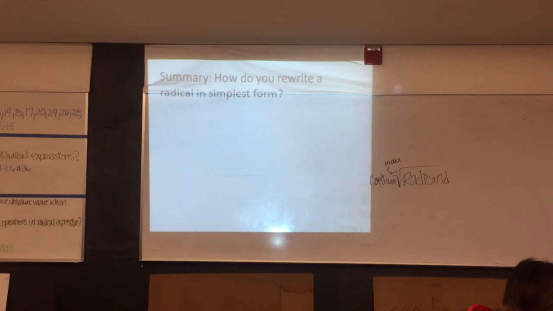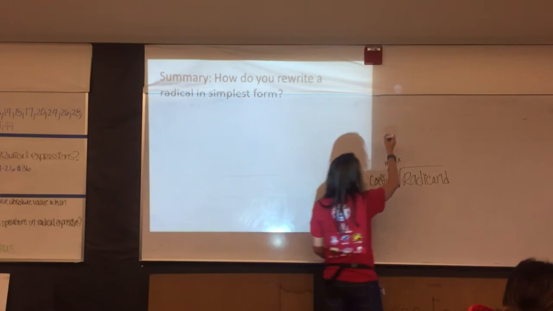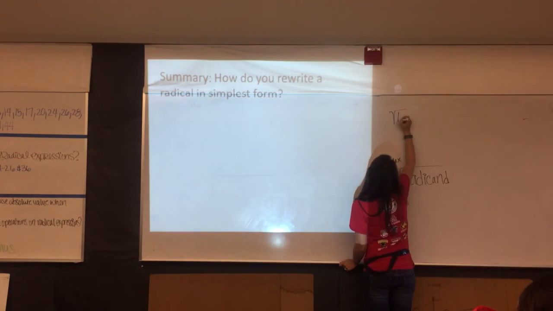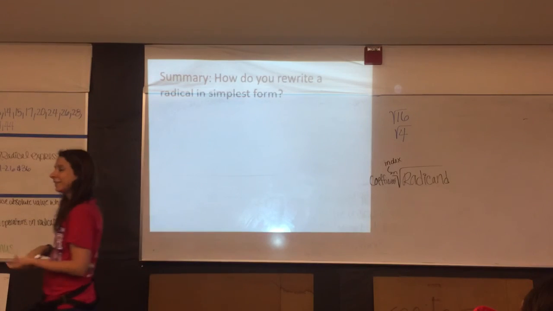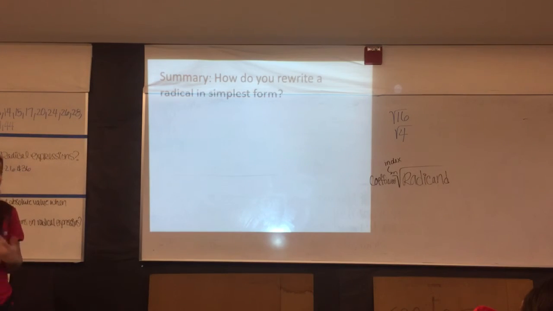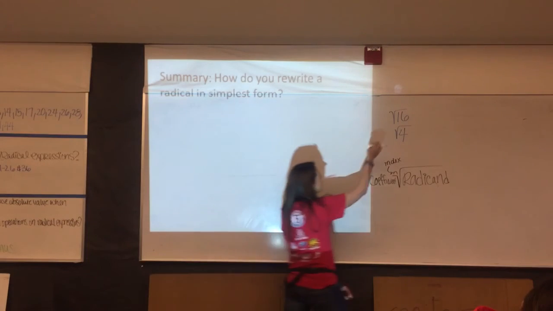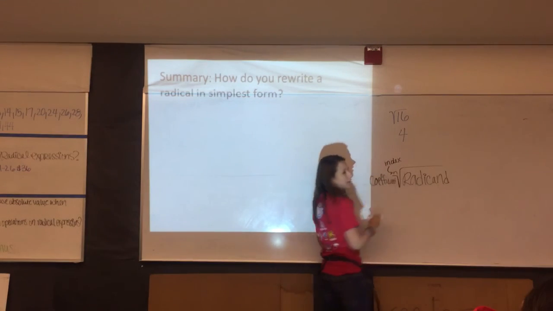Some of the common mistakes that I get from students are that they want to square root something and then put it right back inside the radical. So I'll see this very often where I have a square root of 16 and people say, well, that's square root of 4. Is that true? As soon as you square root it, the radical is gone. It doesn't come back. We aren't square rooting twice.